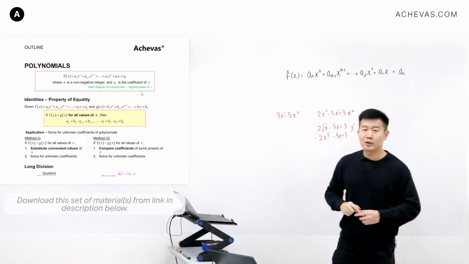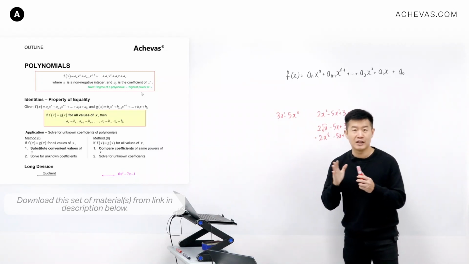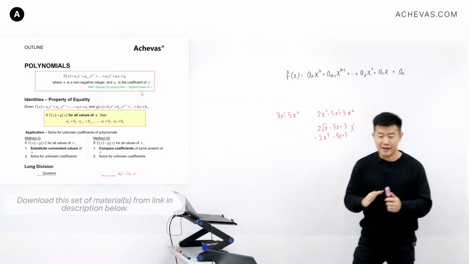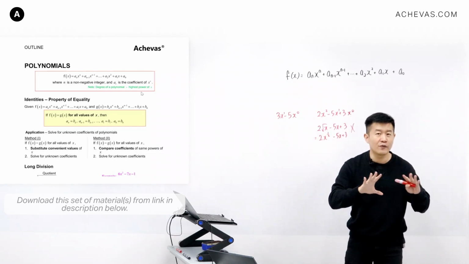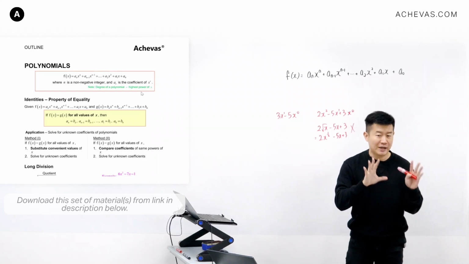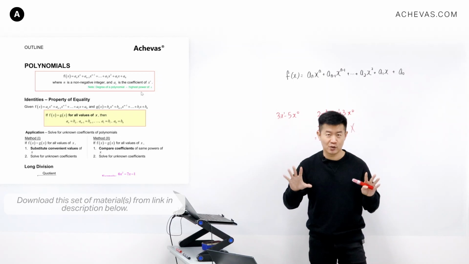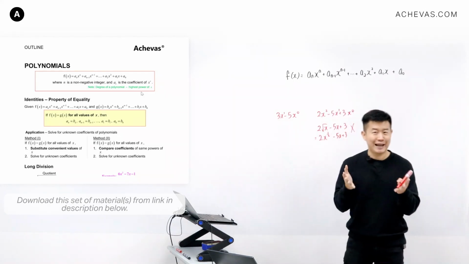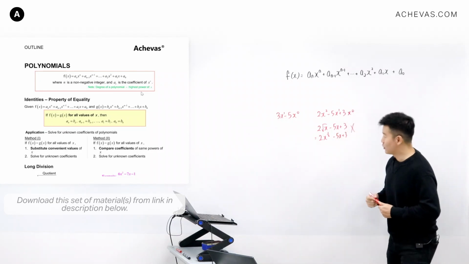And the first thing that I want to introduce to you guys about polynomials is this property of equality. When we say one expression is equal to another expression for all values of x, what it means is simply that any value of x will satisfy this equation. Let me give you a pretty lame example, but it's probably going to help me put my point across.